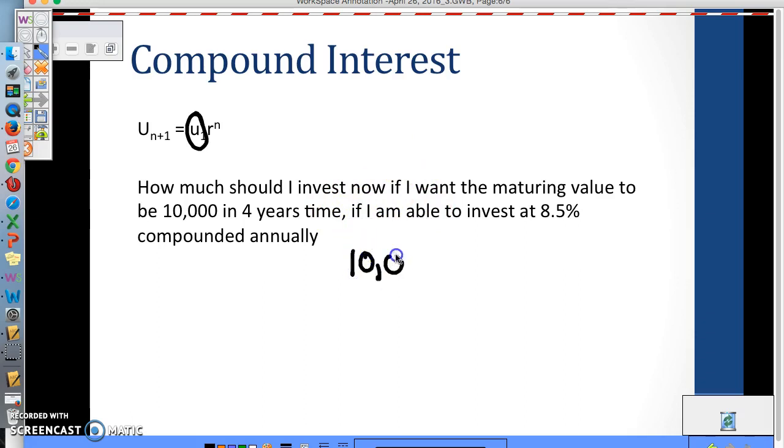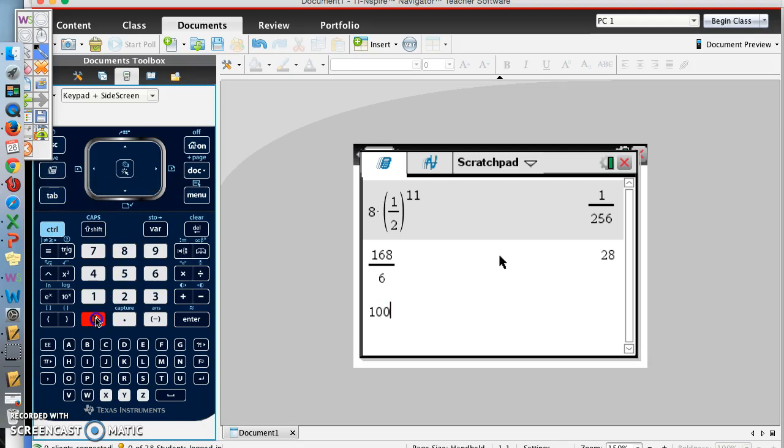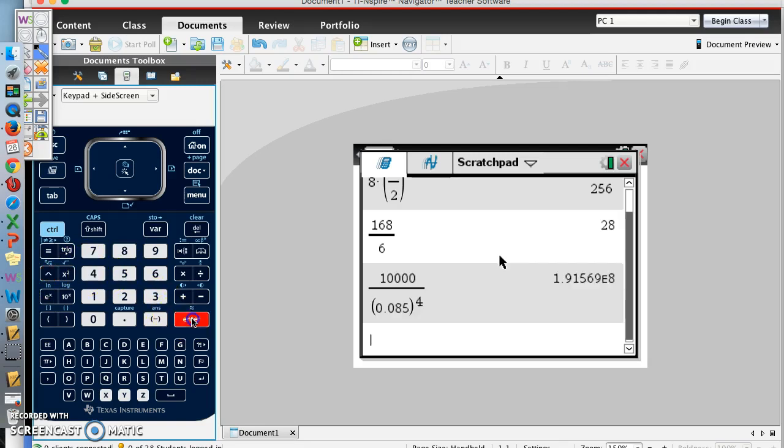So you want to have 10,000 equals, we don't know what we're starting with. Our rate is 0.85 to the fourth. So you have to divide by 0.85 to the fourth. So we have 10,000 divided by 0.085 to the power of 4.